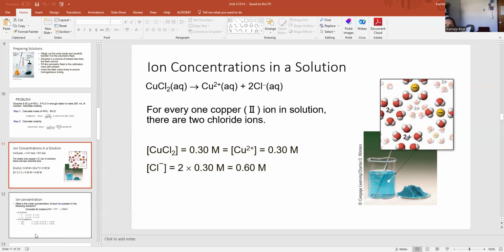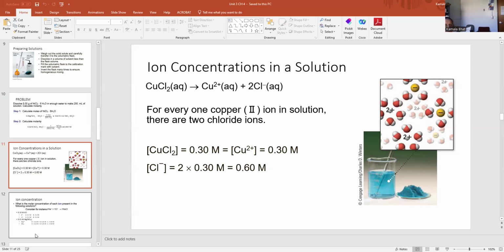In the formula CuCl2, there is one Cu and two Cl ions. So even though we write it as CuCl2, remember you cannot put it as Cl2. That means you have to break it down as Cl ions. This means that for every one copper ion in solution, there are 2 chloride ions in solution.